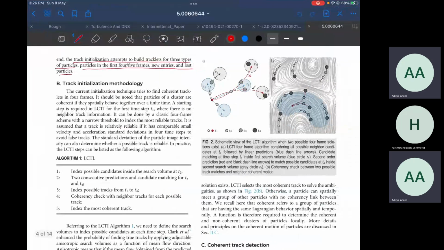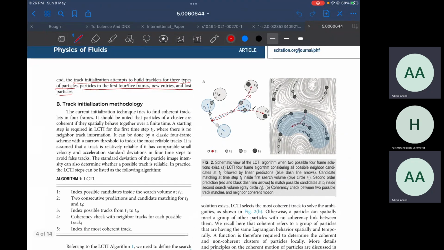This paper talks about Lagrangian coherent track initiation. Usually, track initiation codes, if you want to initiate a track for a given particle, also look at the tracks of the neighboring particles.